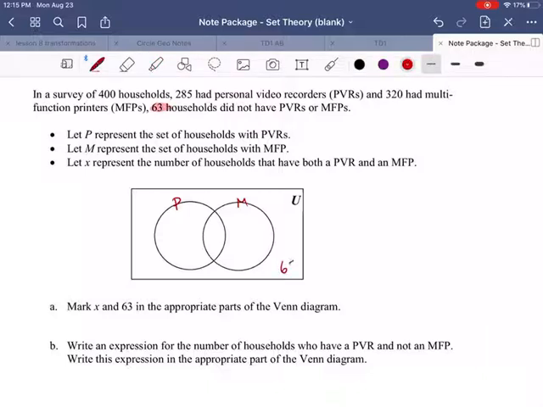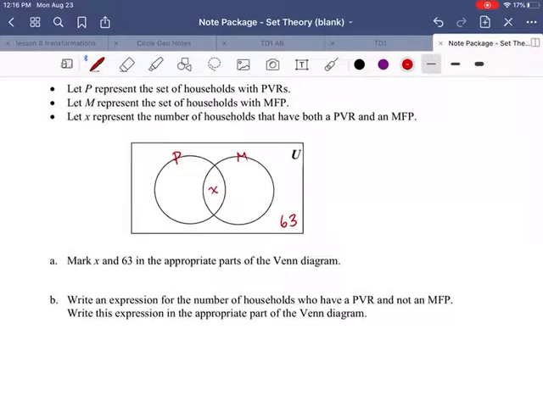So 63 are just hanging out. We aren't told how many have both, but we can put x in the middle, and we have 63 on our Venn diagram.